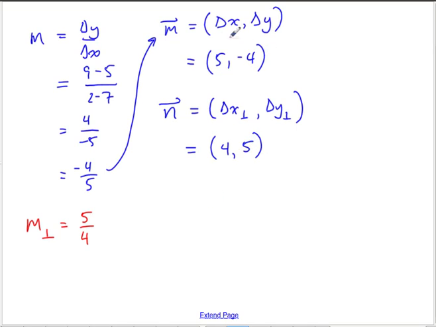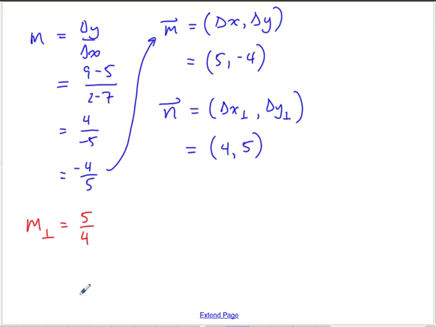Compared to the direction vector, I have swapped the positions. That's like taking the reciprocal, and I had one positive and one negative, and so now I have two positives. So the overall effect is that one negative has been introduced here. That's a tough one to keep track of. It's probably easier to go to the perpendicular slope.